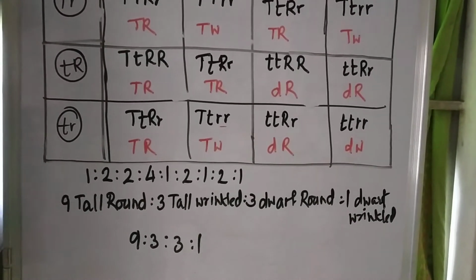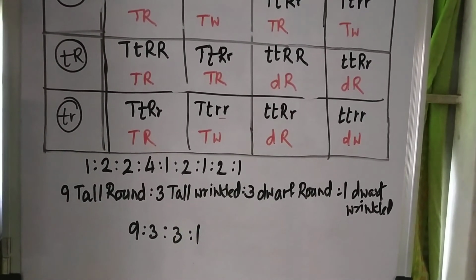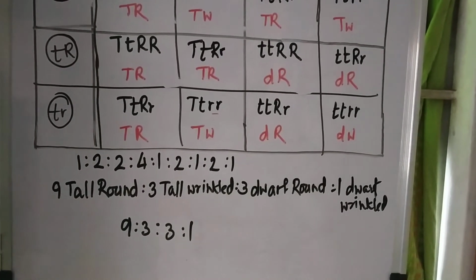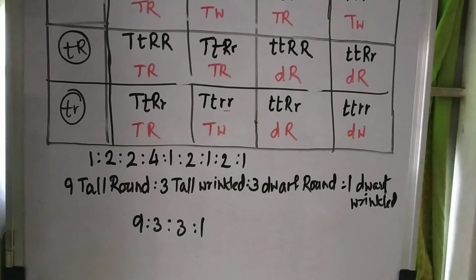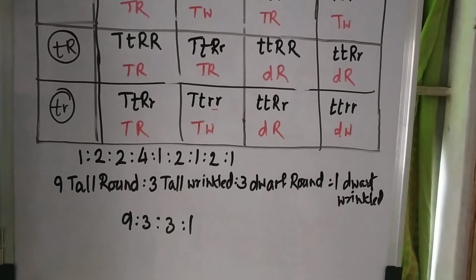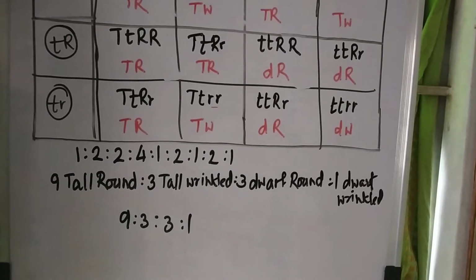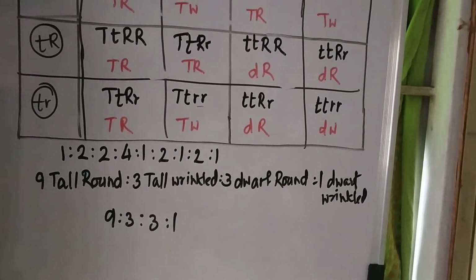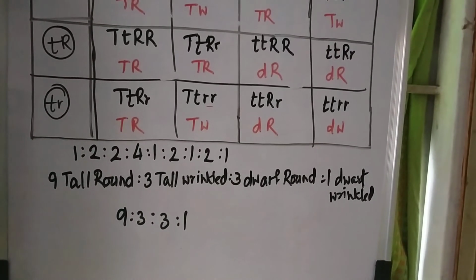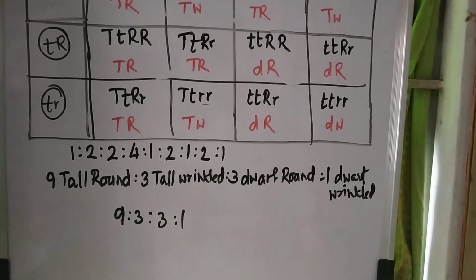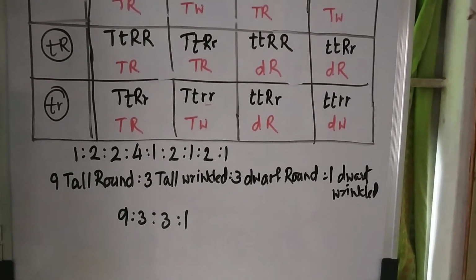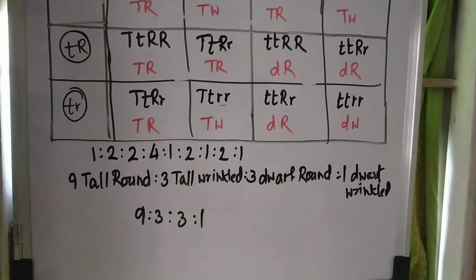It means that there are tall plants with round or wrinkled seeds and dwarf plants with round or wrinkled seeds. Conversely, there are round seeded plants with tall or dwarf nature and wrinkled seeded plants also having height tall or dwarf. It means that these two genes, the gene for height and the gene for nature of the seed coat, have no relationship with each other.